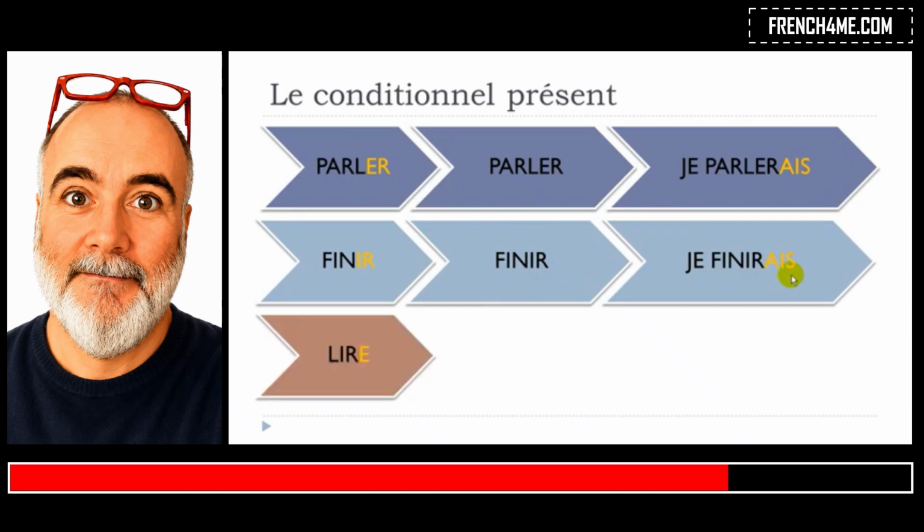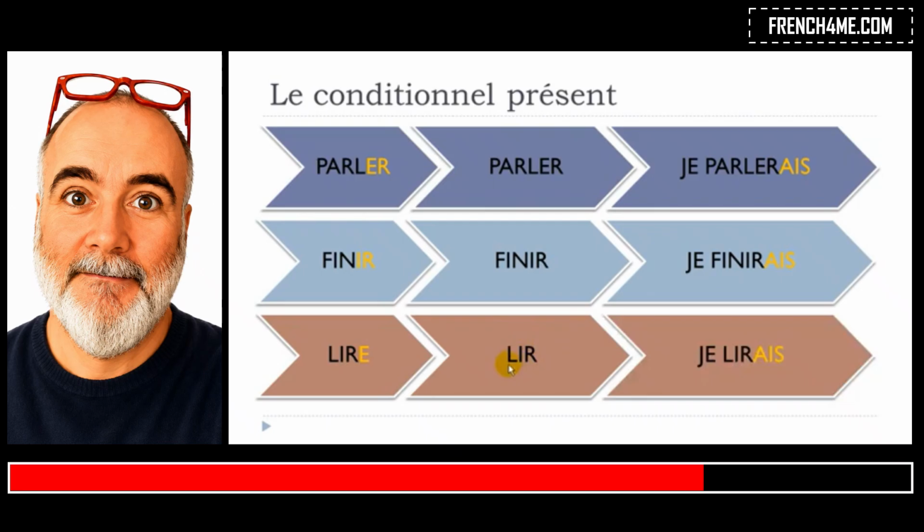Okay, for the third group of verbs, of course we will have some exceptions, so we'll see that a bit later in this lesson, but still the main rule is if it's ending like lire, to read, okay, with this final e, the idea is that you will take this away, as we quite usually do in French, okay, and after that you will add your ending.